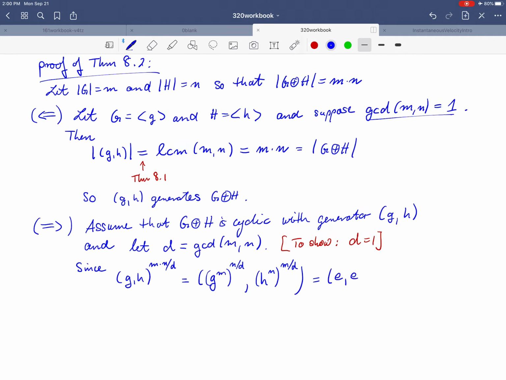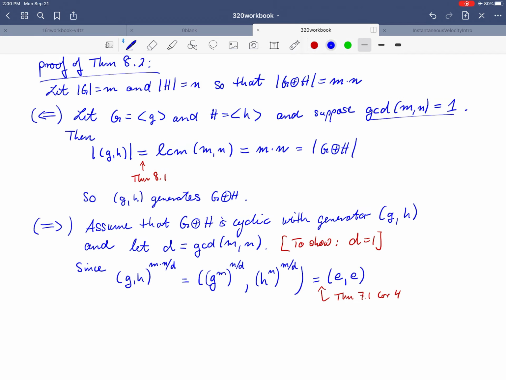So this is the identity element in our external direct product, and the exact theorem for this equality right here, this is Theorem 7.1, Corollary 4, states that this is true.